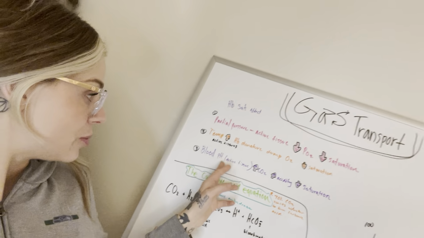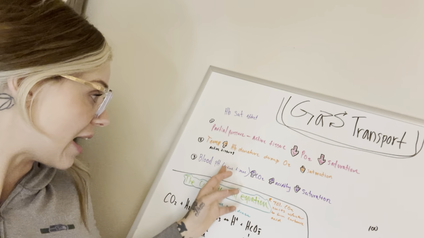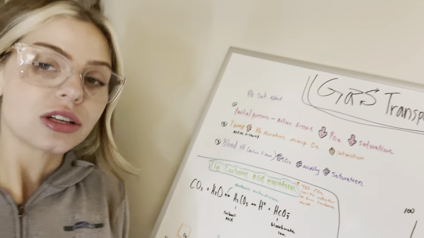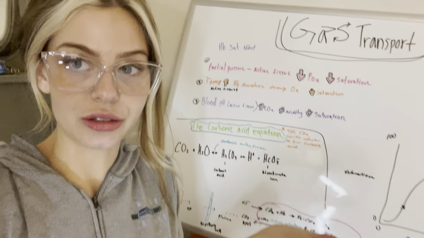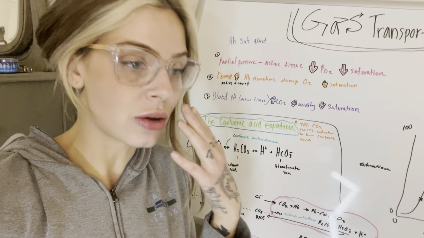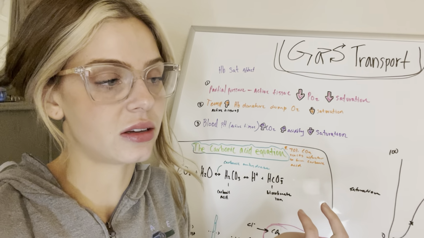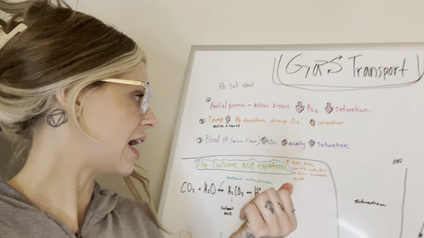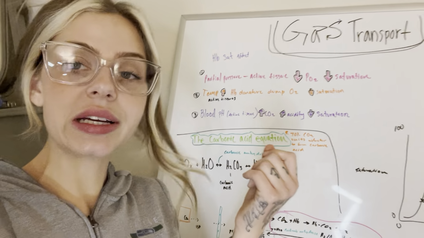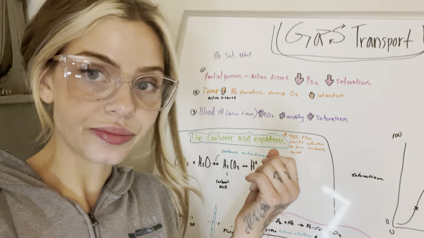Okay, so blood pH in active tissues. If we have active tissues, we already said that we're using oxygen and our byproduct is going to be carbon dioxide. Carbon dioxide actually increases acidity.